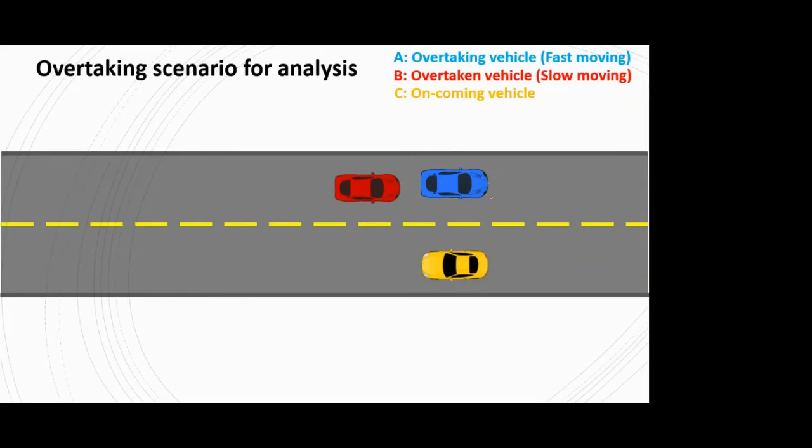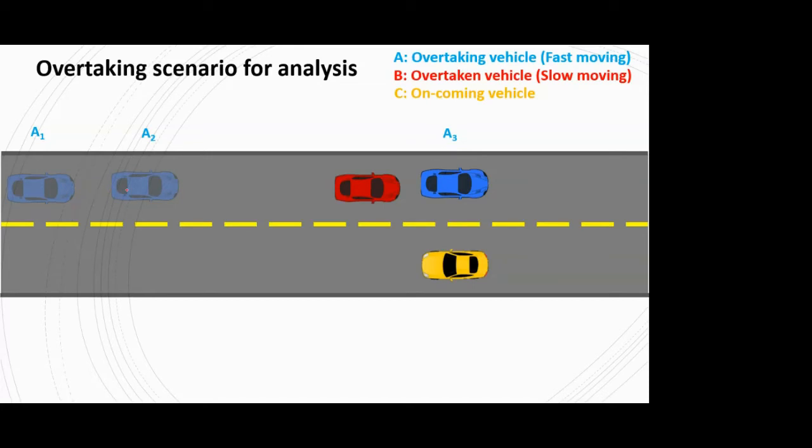Okay. So now our analysis will run across all these different movements. If I mark the locations of the different vehicles, A1 is the initial location of my overtaking vehicle. Then A2 is another location.